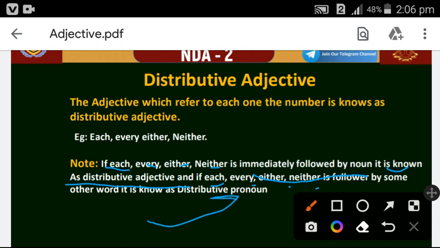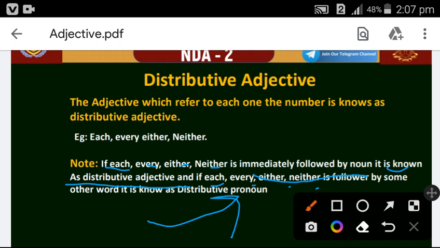When each, every, either, neither is used just before a noun, then it is considered as an adjective.